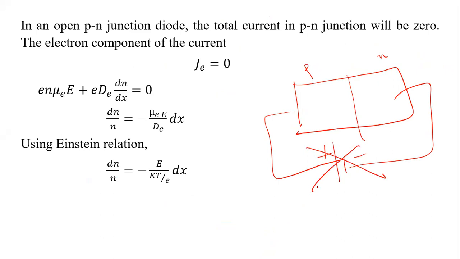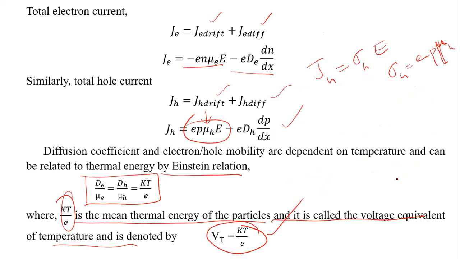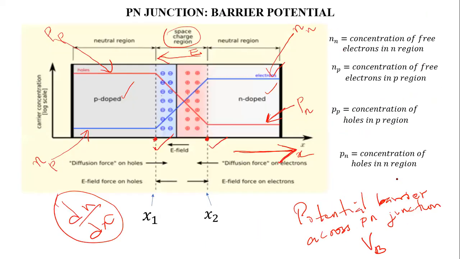But in the absence of external biasing, if you consider the p-n junction as it is, eventually, as I said yesterday, when there is diffusion, an electric field, or potential barrier, builds up across the p-n junction. This built-up electric field will eventually stop the electron diffusion, as the diffusion current will be cancelled by the drift current.